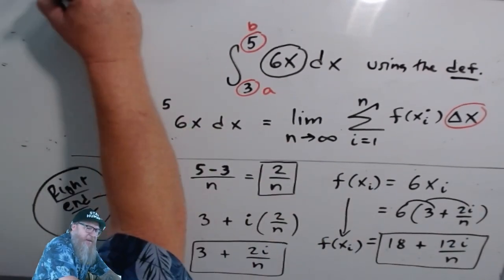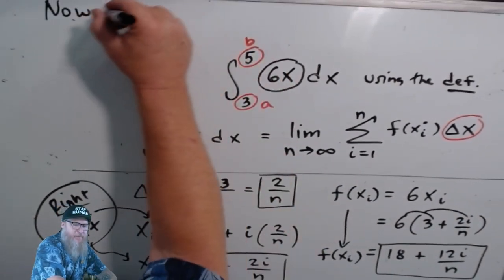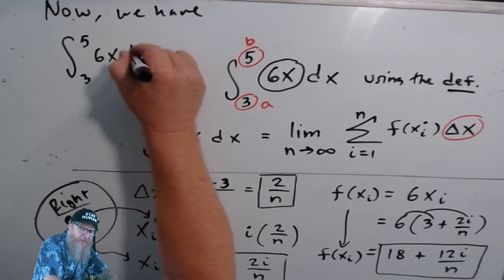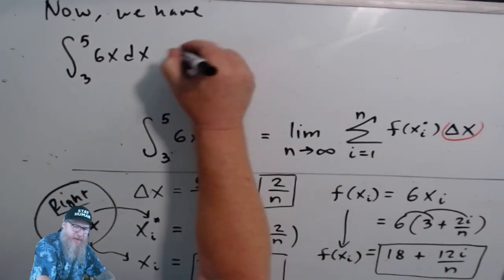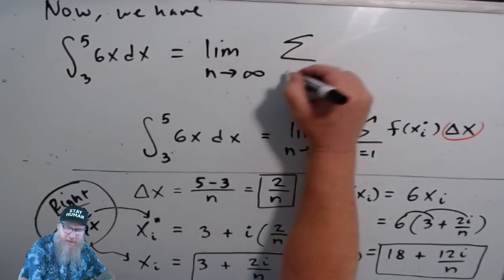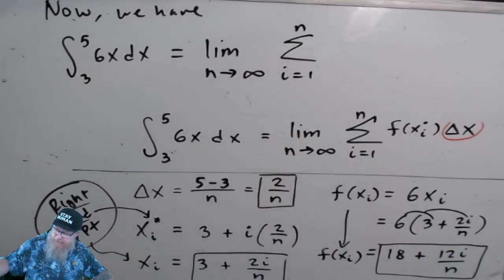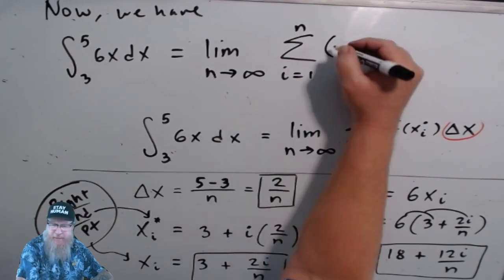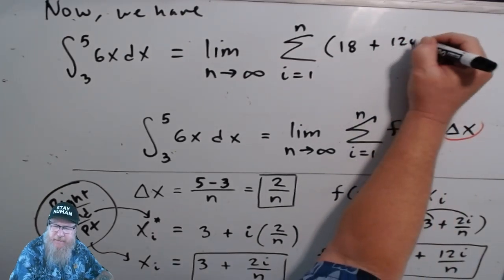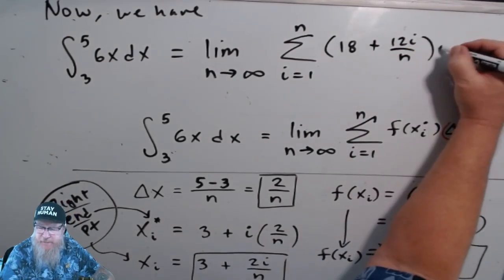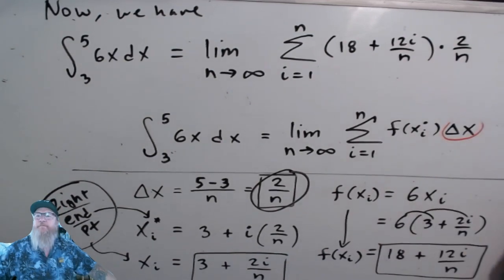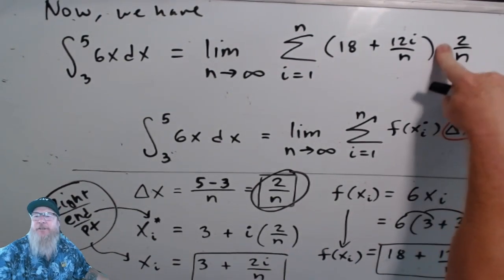All right, so now we have the integral from 3 to 5 of 6x dx is equal to the limit as n approaches infinity of the sum from i equals 1 to n of this thing, 18 plus 12i over n, times this thing, delta x, 2 over n. You can use a dot. You can actually omit the dot.